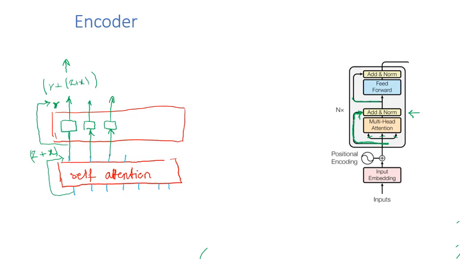So it is a representation of the original token that we had, but to keep the identity of the original representation, we add the original representation to Z and then normalize. Okay, there is another thing here, which is this position encoding, and position encoding we'll talk about later.